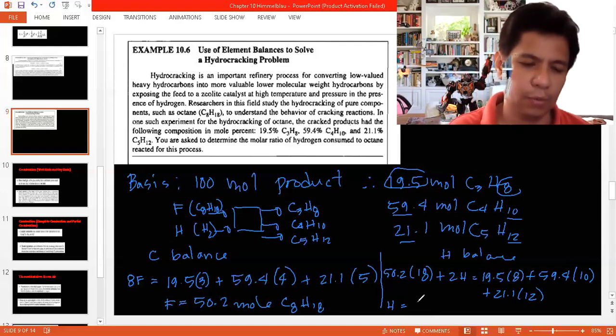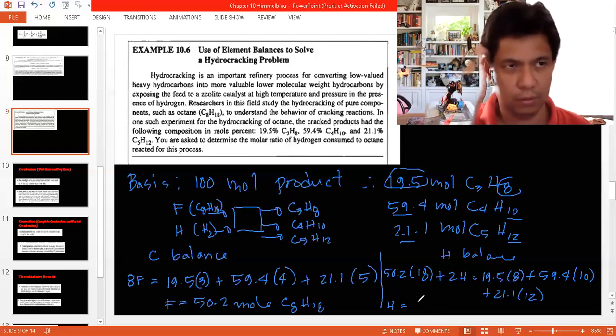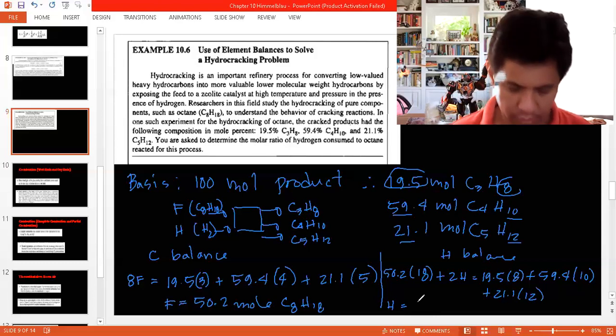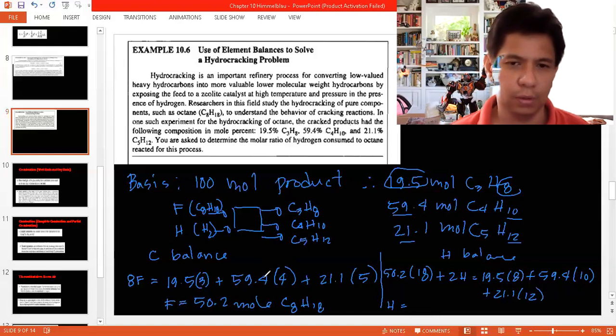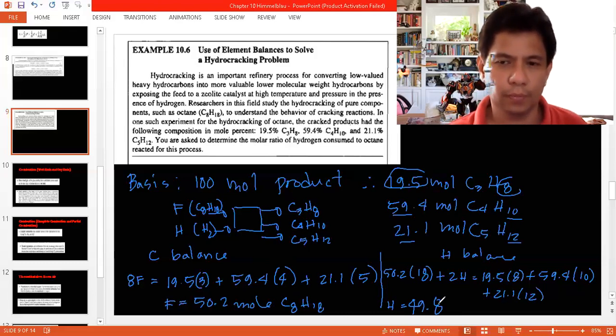So H is equal to 49.8. Since the question is the ratio, we're just going to divide H by F, because the question is the ratio of hydrogen to octane.